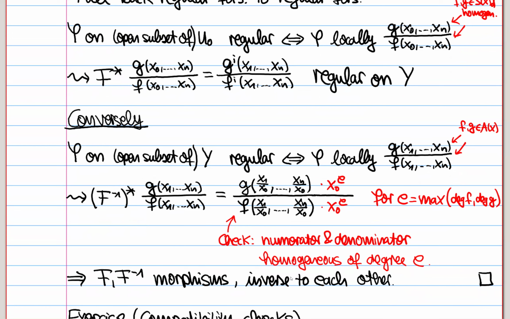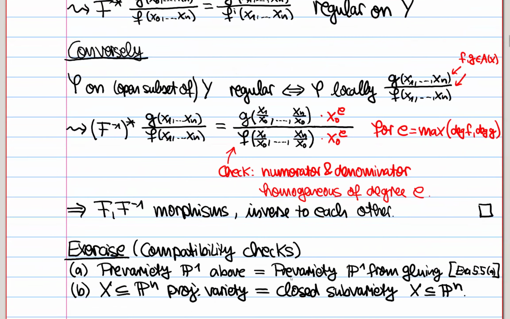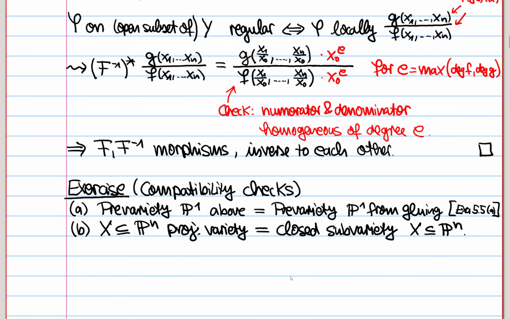Okay. So what we basically just did here is we checked that our new fancy definition of regular functions on projective varieties is compatible with the old definition that we had before. And then as a final exercise for you, there are some more compatibility checks. We always have to make sure that our new constructions fit together with what we discussed before. First of all, if you remember, when we did pre-varieties, we had this gluing construction, and our great example was that we glued together something which we called P1 back then from two copies of A1.